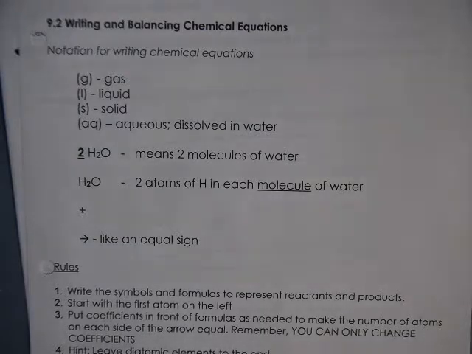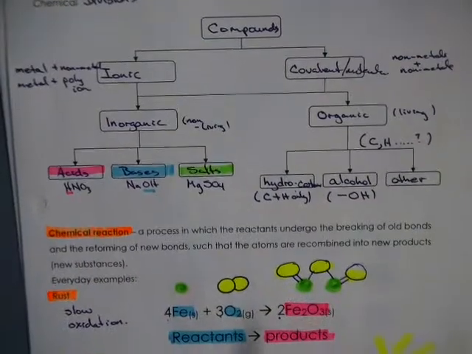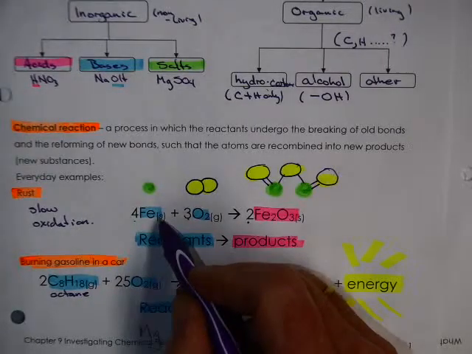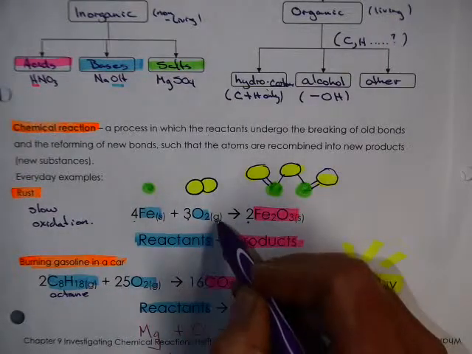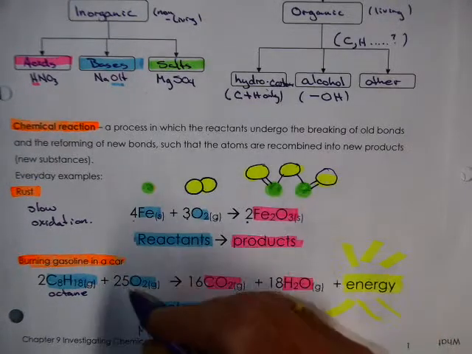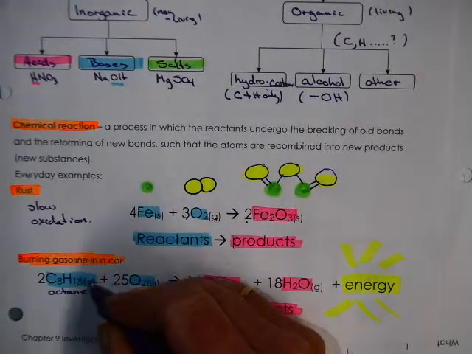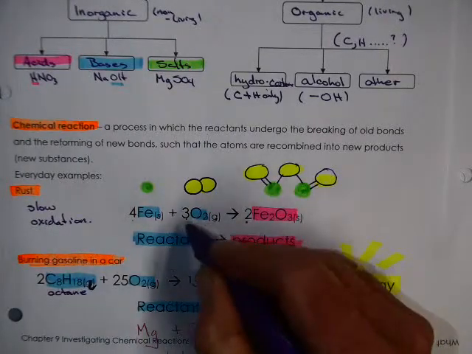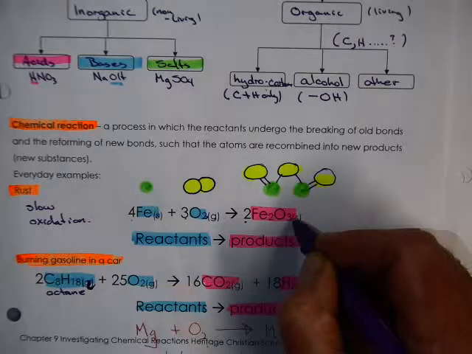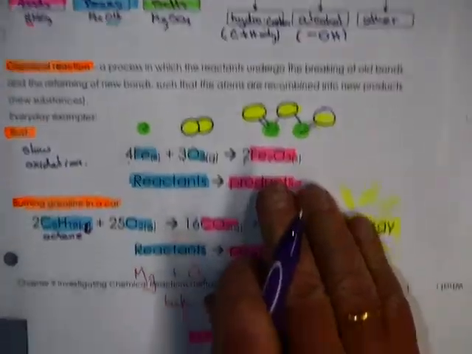So if we run back to here, we see this means that iron here is a solid. This is a gas. Oh, this should be liquid here. This is a gas in the air, and you produce iron 3 oxide, or rust, which is a solid.